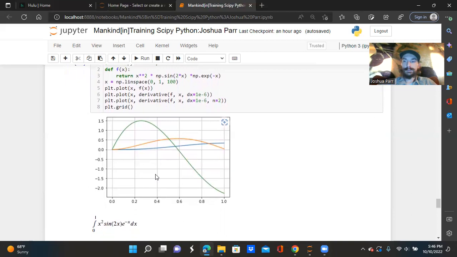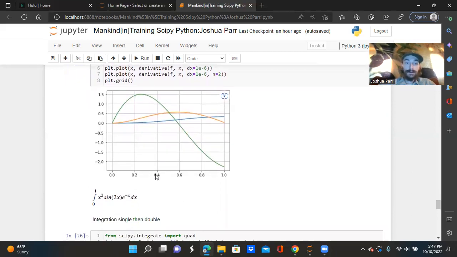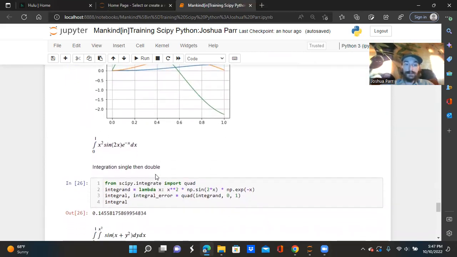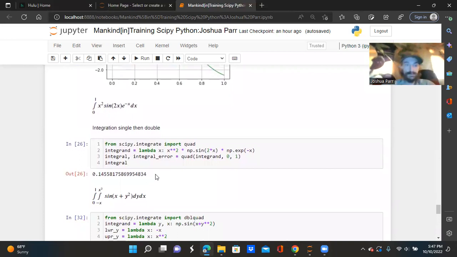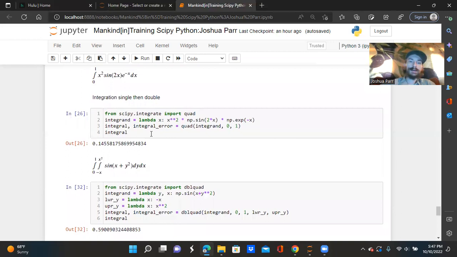And now if I want to integrate, I will do it like this. We have an integral from 0 to 1 of x squared sine 2x e to the negative x dx. From scipy.integrate, import quad.